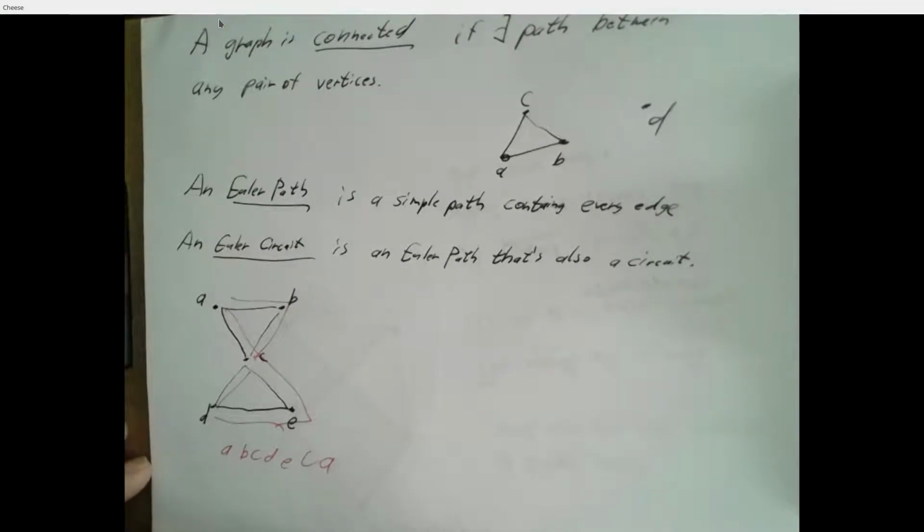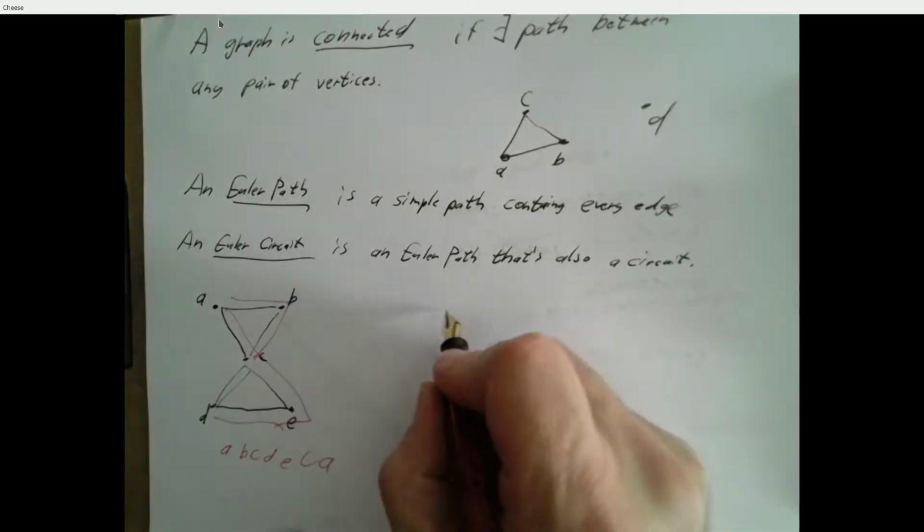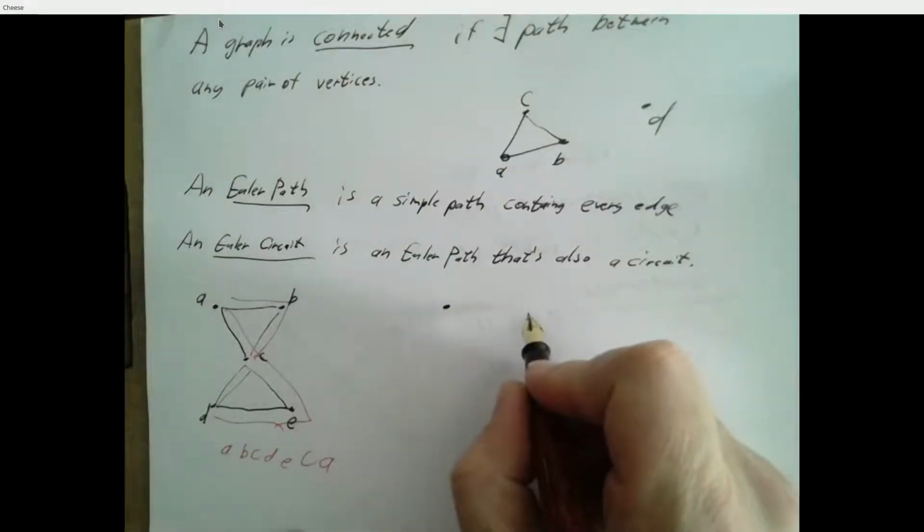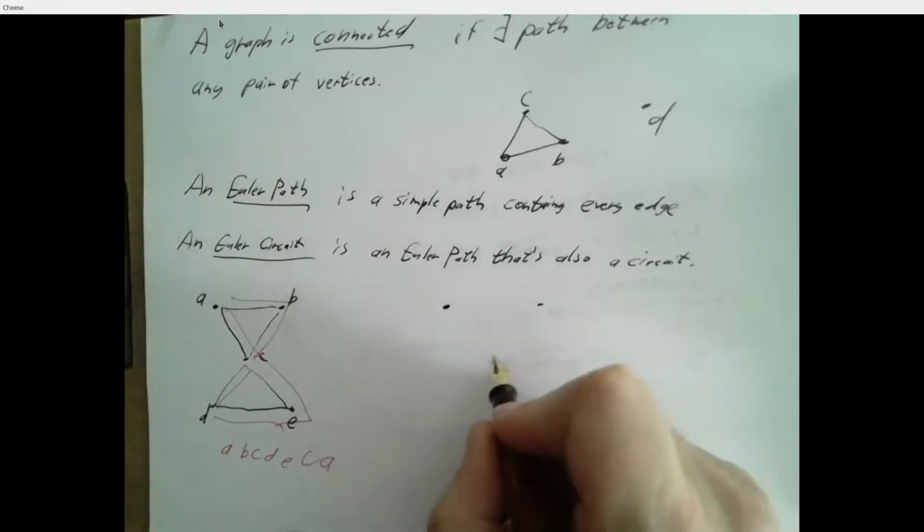In fact, that's also an Euler circuit because we started and ended at the same vertex. So that has an Euler path and an Euler circuit. Is that Euler or Euler, E-U-L-E-R.